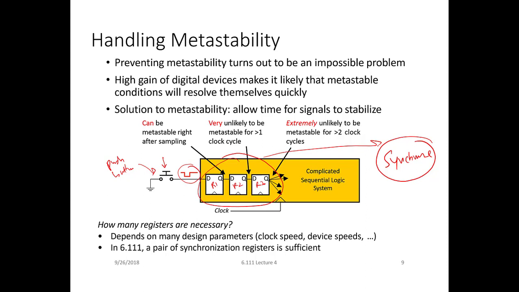Okay, and you only pass your asynchronous input. So this is your asynchronous input. You first pass it to 2 or 3 synchronizers. So what does a synchronizer do? It reduces the probability of metastability.